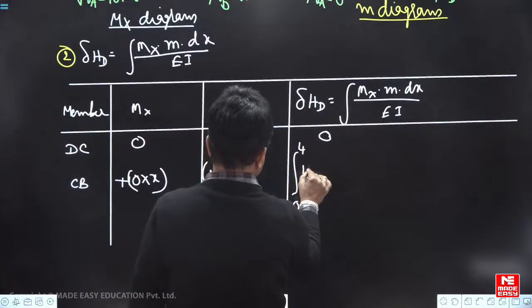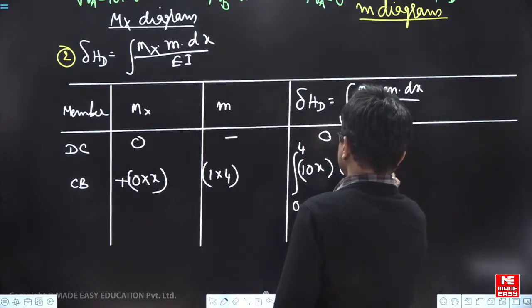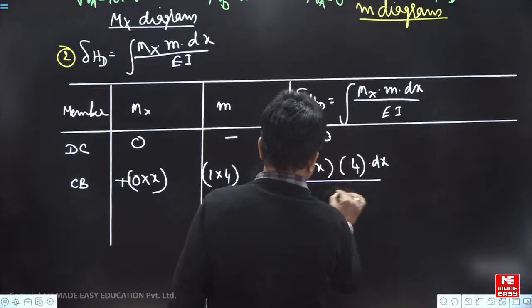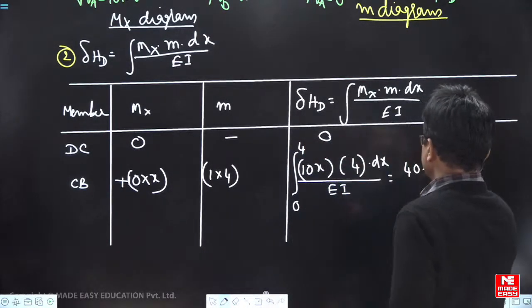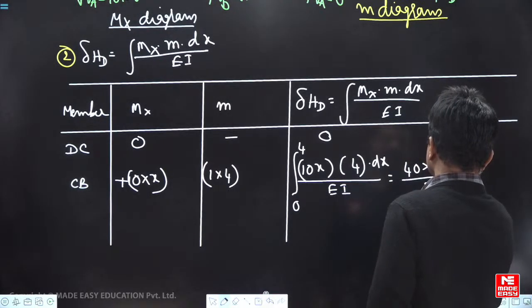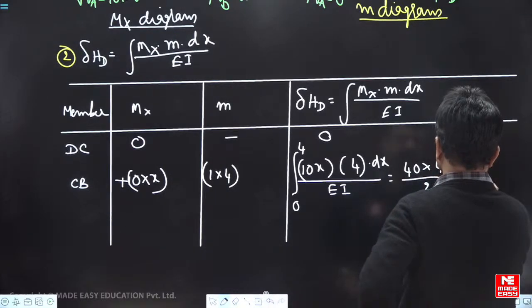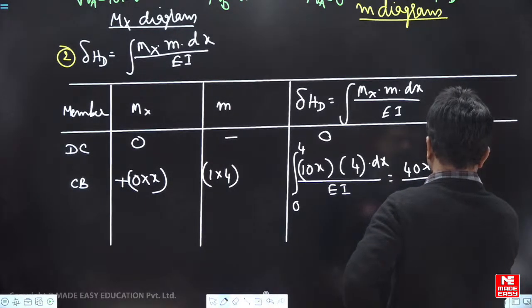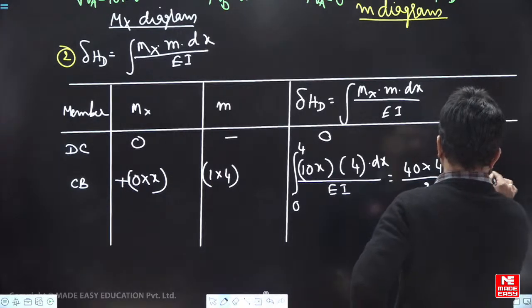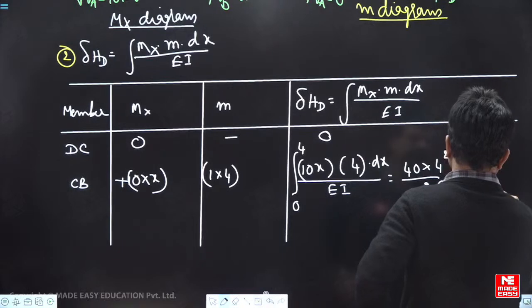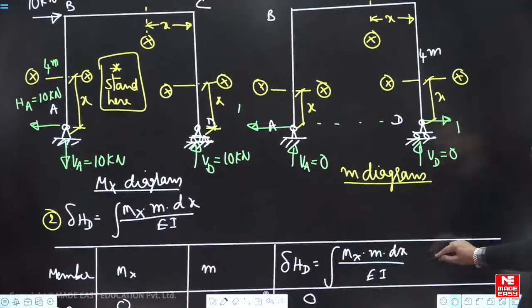So mx, 10x, m 4 into dx by EI. 40 into x square by 2, that means 4 square by 2, 16 into 2, 320 by EI, right?